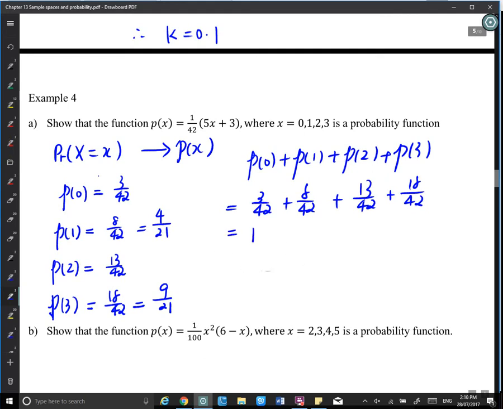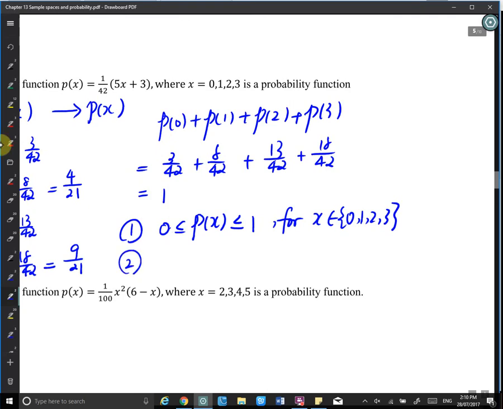Well, I will just directly write that it equals 1, but really test whether it's 1 or not, okay? Sometimes maybe it's not. Just test it. Do not directly write 1. That's not enough. You need to give a discussion. So number 1, p(x) is in between 0 to 1 for x belonging to 0, 1, 2, 3. It satisfies the first condition. Second, the sum of p(x) for x equals 0 to 3 equals 1.